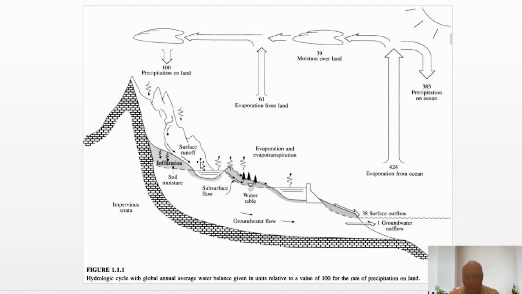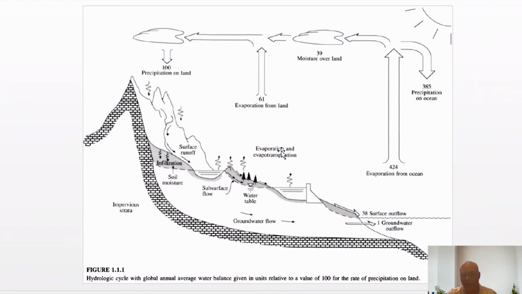And part of the infiltrated water joins the groundwater, because the groundwater table is at different depths at different locations. Groundwater is different from subsurface flow, because subsurface flow is unsaturated flow, whereas groundwater flow is a saturated flow.